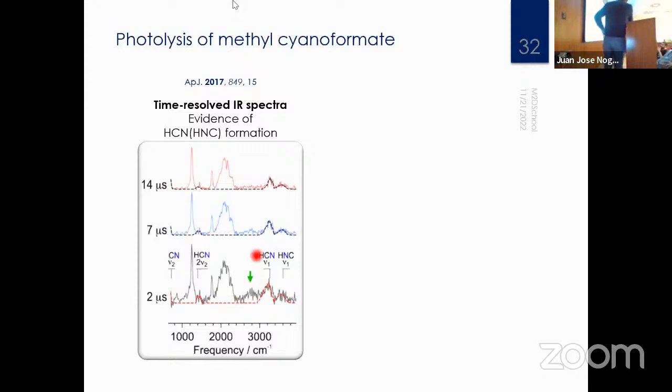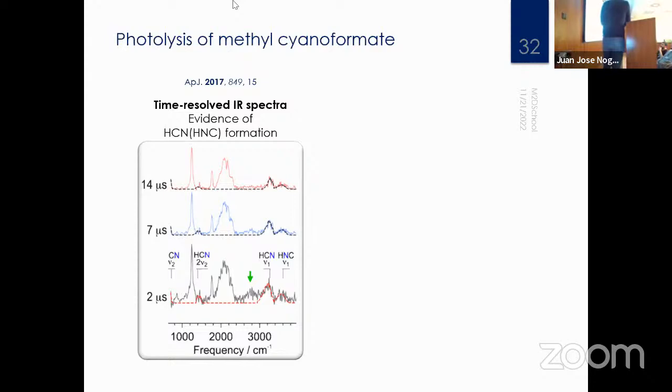The reason for studying this is because in the interstellar medium, that's why this was published in APJ, the Astrophysical Journal, the ratio of these two isomers, HNC to HCN, is way bigger than the one expected on account of their energies.